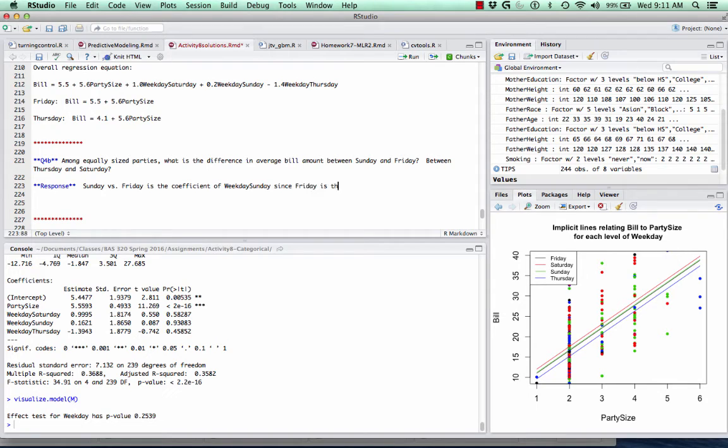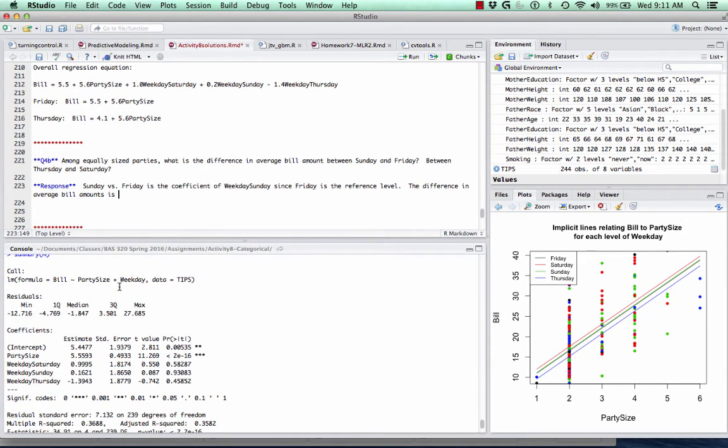The difference in average bill amounts is 16 cents. All right, not all that much. And since it's positive, Sunday is slightly higher than Friday.